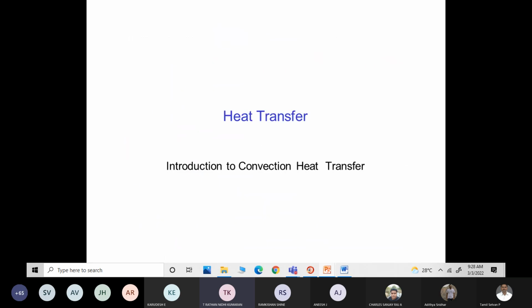Forced convection is a process where convection happens due to an external force, like a turbine or fan. See, convection happens mainly due to the temperature difference. It won't happen due to the external force. Please understand that.